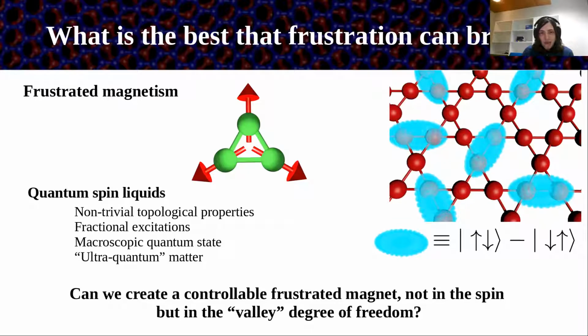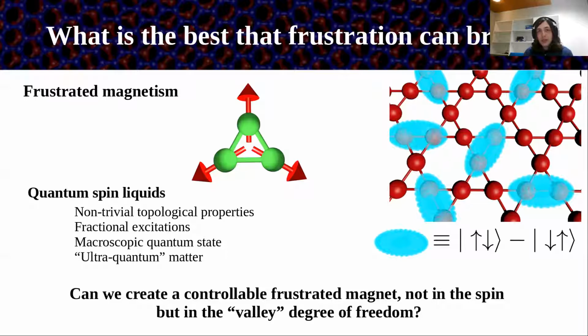So as you know, when we have a magnetic system with local magnetic moments, if we have certain geometric arrangements or even complex interactions, we can have systems that show frustration, meaning that the ground state starts having a very large degeneracy, and in the quantum limit, we get to what we call quantum spin liquids. So for us physicists, frustration, especially in magnetic systems, is actually something extremely exciting, and we are pursuing it because we can get quantum spin liquid physics that realize long-range entanglement and fractional excitations, and it's one of the forms of what is called ultra-quantum matter.